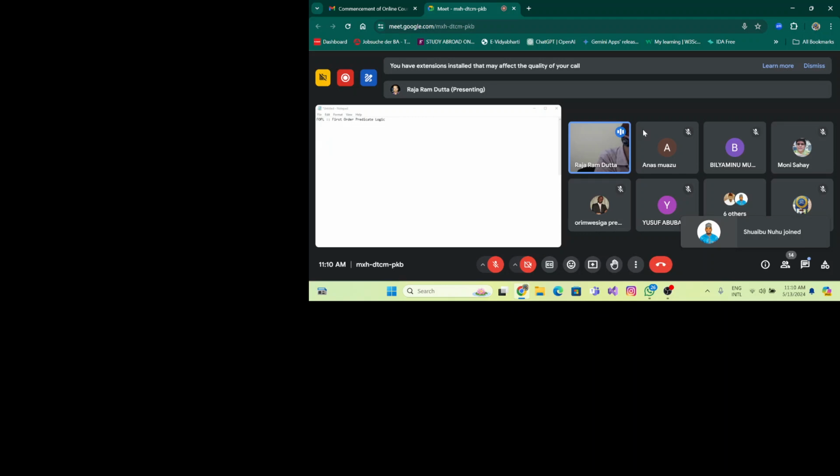Any natural language sentence can be converted into first order predicate logic. Just like "Ram is a man." This is a declarative sentence.